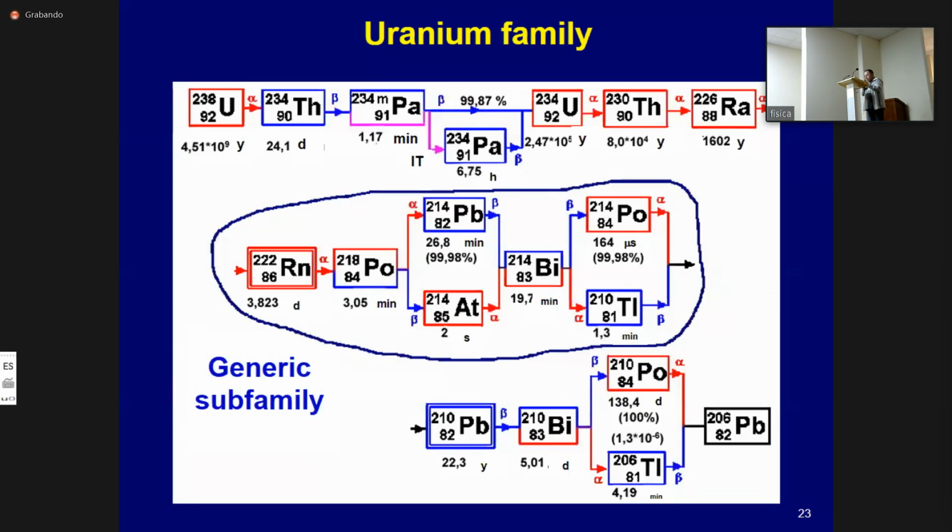In nature, there are 3 radioactive families, starting with radionuclides uranium-238, uranium-235, and thorium-232. These families are usually called uranium and thorium respectively.